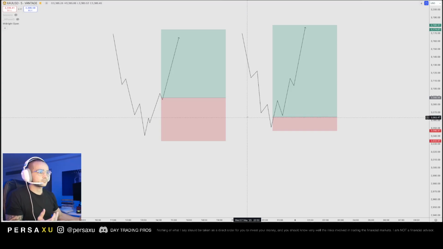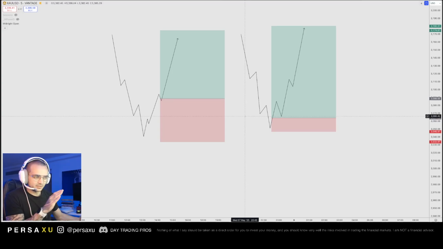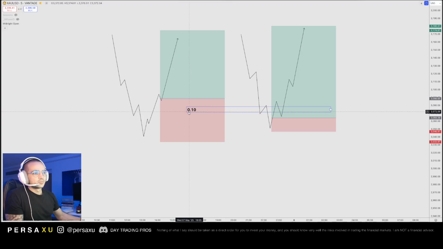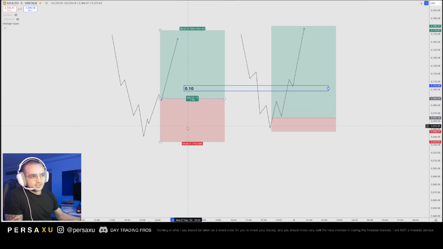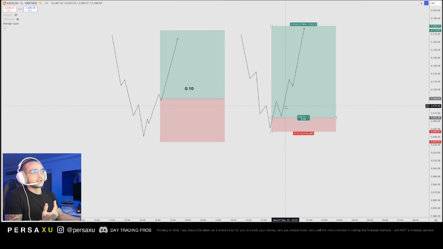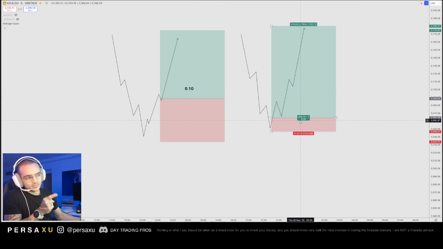For example, in these two scenarios, if this trade you had to open with 0.10 because from here to here, as an example, it gives you $100 of risk. In this scenario over here, the same 100 that you'd be willing to risk with 0.10, with that amount of pips in stop loss, you could increase your volume.